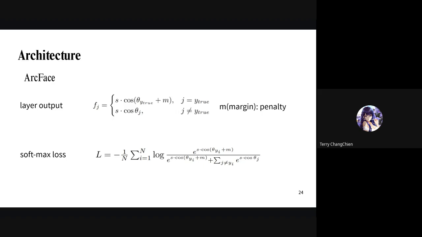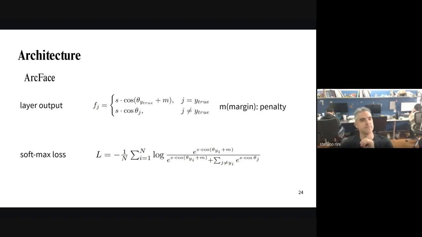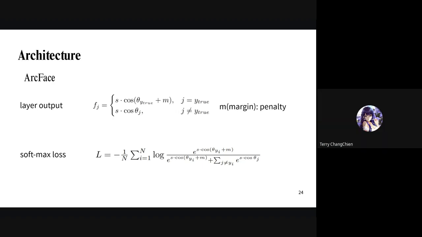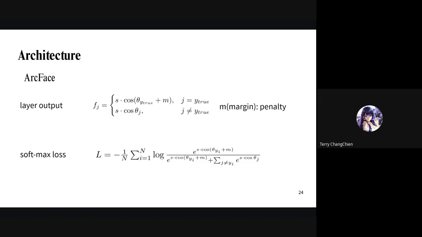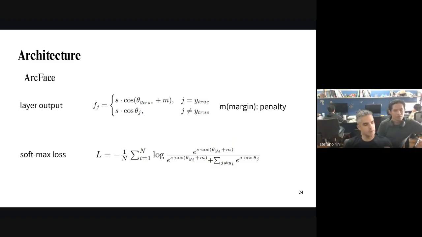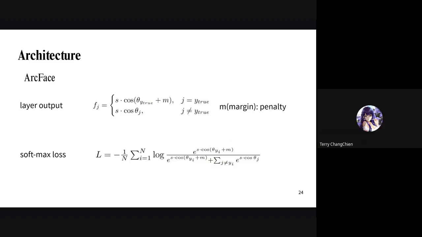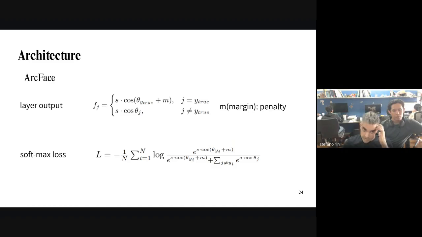Next, stay here a second. Next page. Stay there. Let's go back. They do the contrastive loss, right? The margin is on the trigonometric function, but they do it in the trigonometric domain.